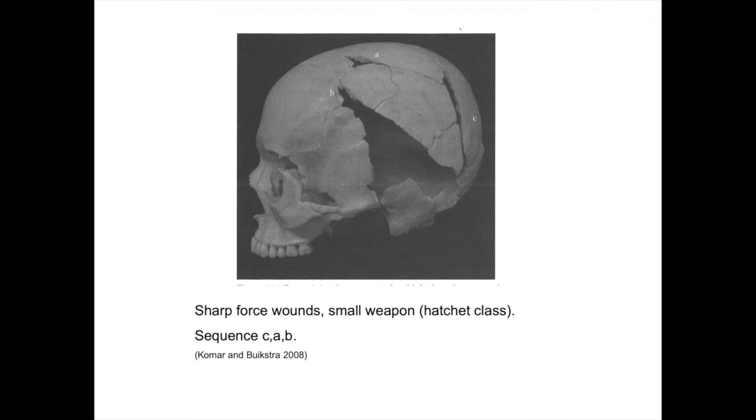Now, when you're talking about sharp force trauma in general, and again, the hatchet class or any sort of chopping action is, I think, the best example for understanding sharp force trauma. This is a kind of traumatic event that is caused by objects that have some sort of strong angle to their surface. If you think about metal objects, the corners of metal objects or objects that have some sort of blade-like quality to them, these would produce the kind of injury that we see here.